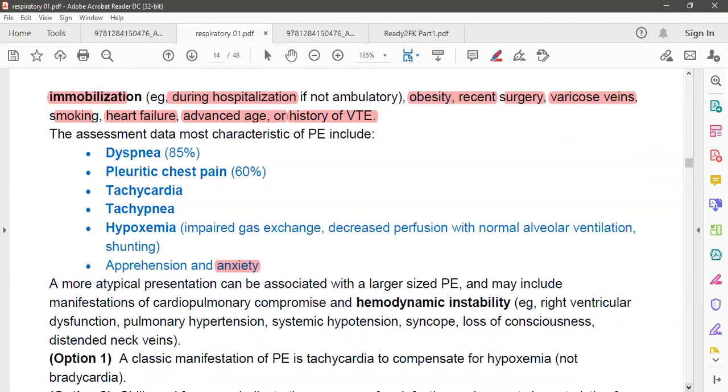Also here it talks about atypical presentation, which is less important, but I want to read it with you.